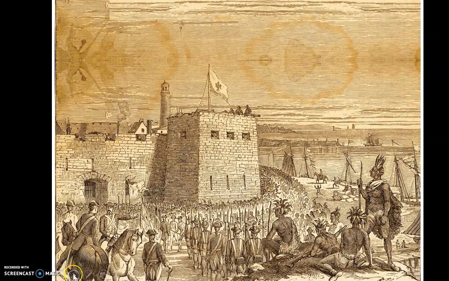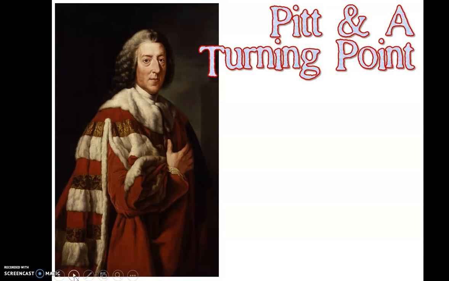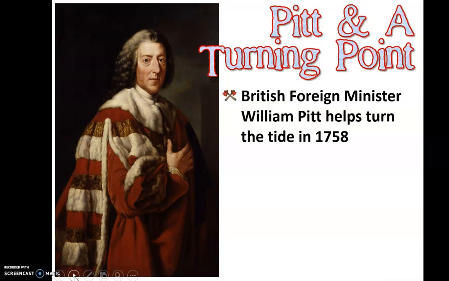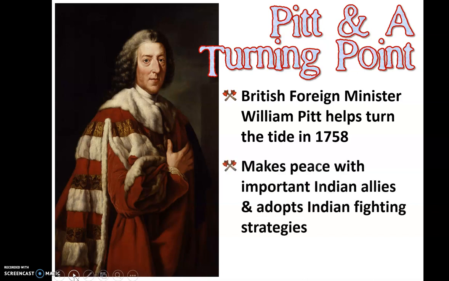Moving on to the next slide. Enter Sir William Pitt. Sir William Pitt is actually a British foreign minister. And this, like I mentioned, is a turning point for the British in 1758. He really supports the war.